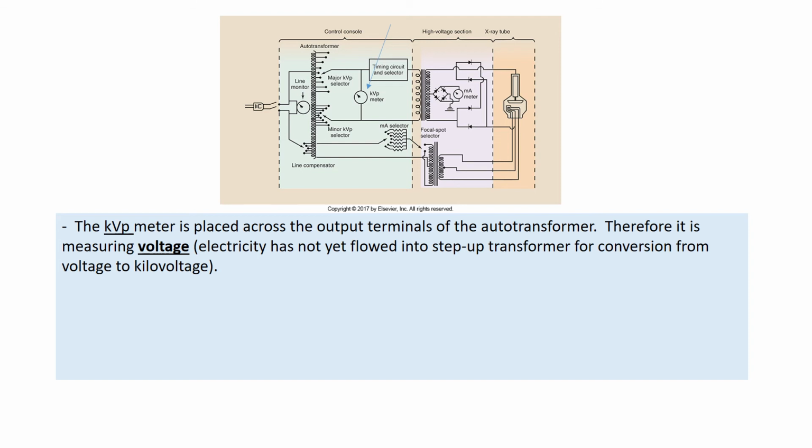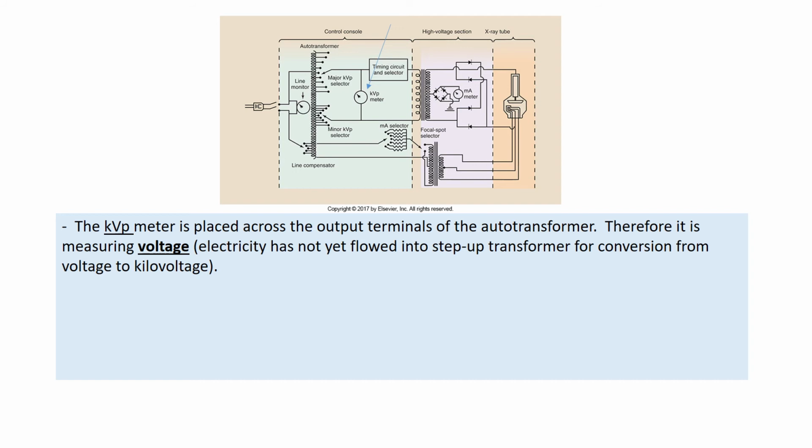Since the kVp monitor or meter is on the control panel, it must be placed in the circuit in the low voltage section. So we connect it in parallel across, we're bridging it across the circuit between the autotransformer and the step-up transformer. What's interesting is that it's in the low voltage portion of the circuit, and it has to be because it's on the control panel, but it's actually going to measure the kVp.